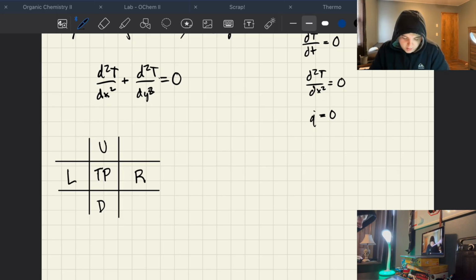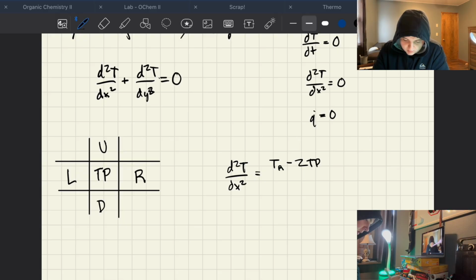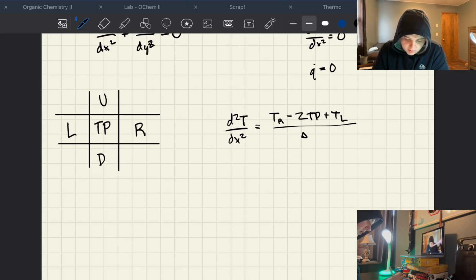Using the equation that we have up top, we're going to get right minus 2 TP plus left, over delta squared.